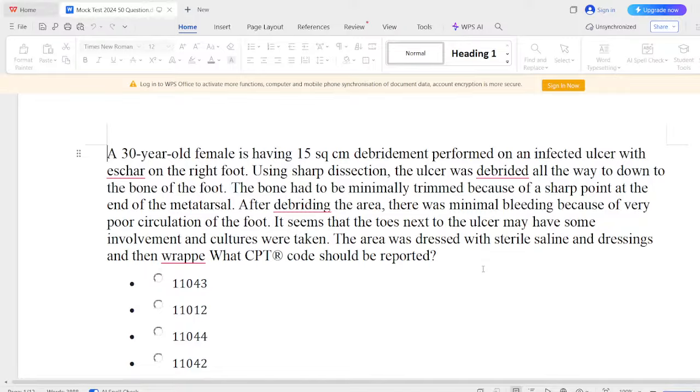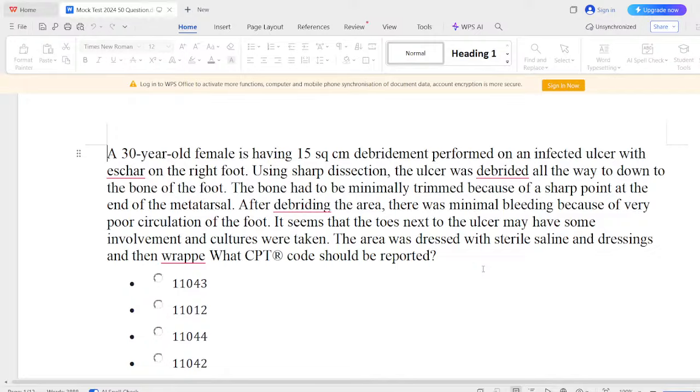First one: a 30-year-old female is having a 15 square centimeter debridement performed on an infected ulcer with eschar on the right foot using sharp dissection. The ulcer was debrided all the way down to the bone of the foot. The bone had to be minimally trimmed because of a sharp point at the end of the metatarsal.